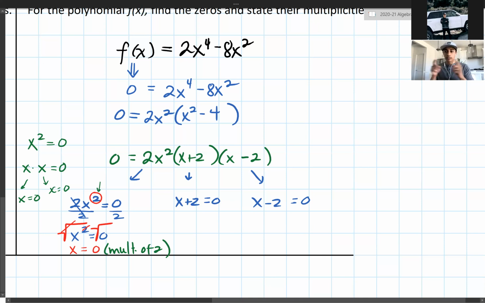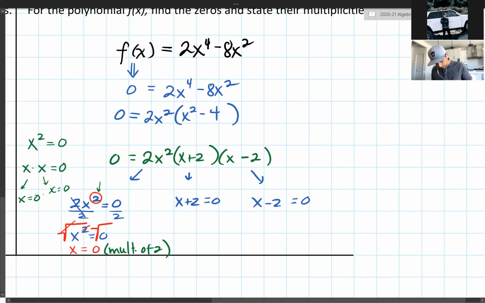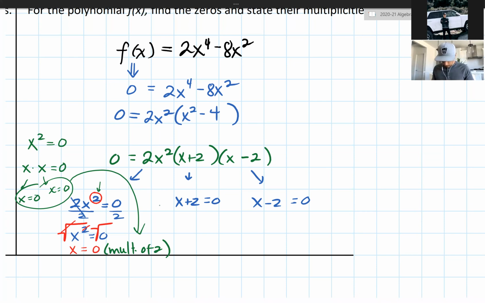And because the zero product property still applies, since x times x is a product, I split it, x equals 0, x equals 0. So I think this paints a better picture as to why we get a multiplicity of 2 with the solution x equals 0. Okay, any questions there for the first one?